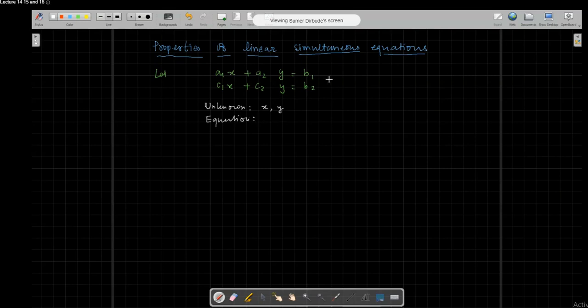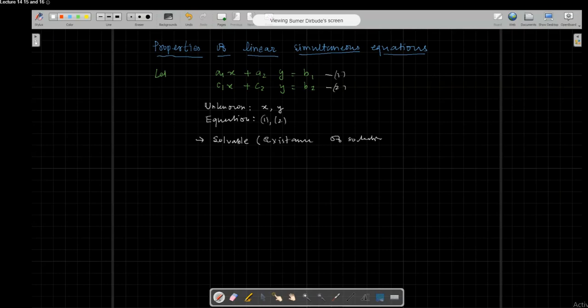Two: equation number 1 and equation number 2. So this system is solvable. It means we have an existence of solution.